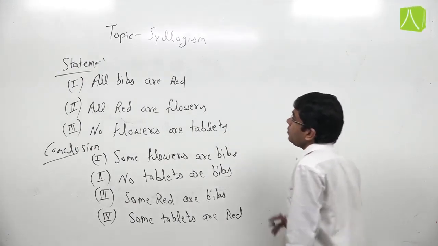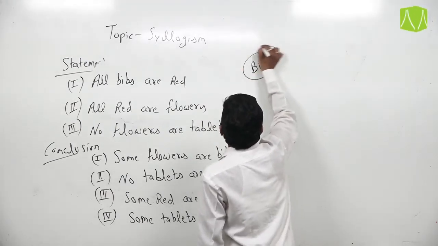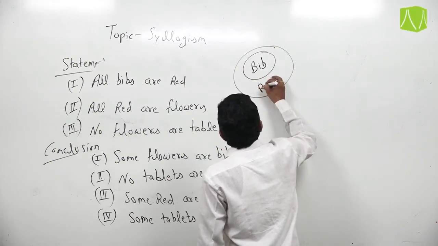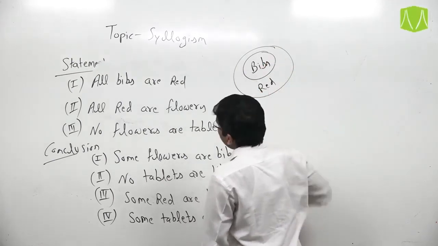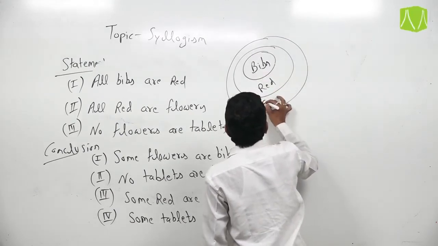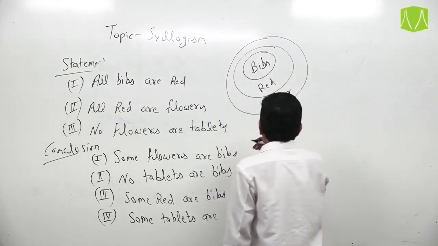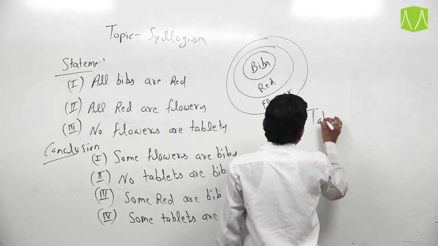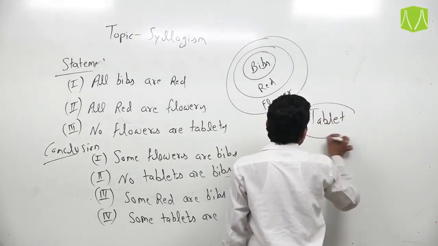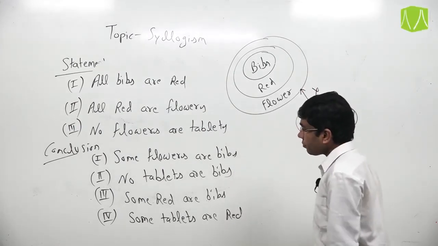First, we have to draw the diagram. All wives are red. All red are flowers. No flower is tablet, means there is no connection between flower and tablet.